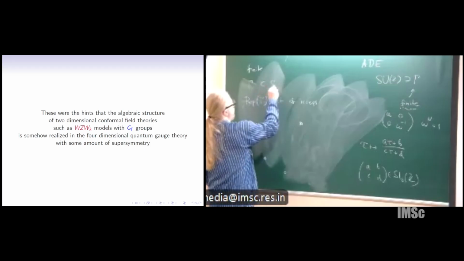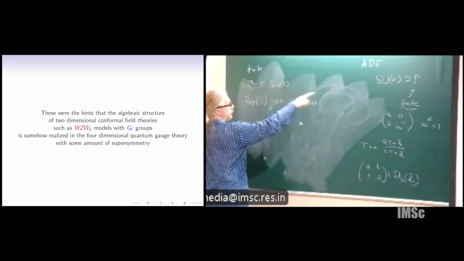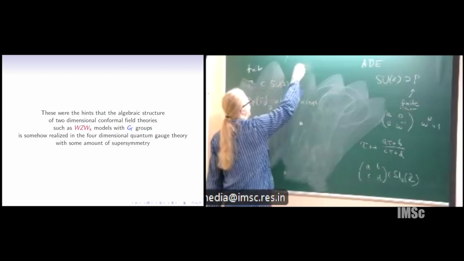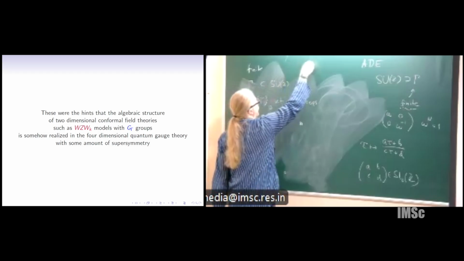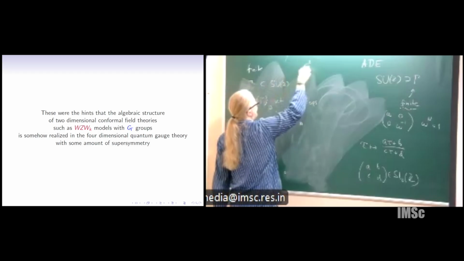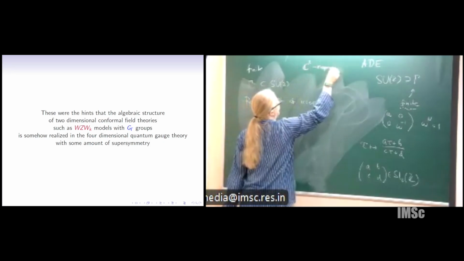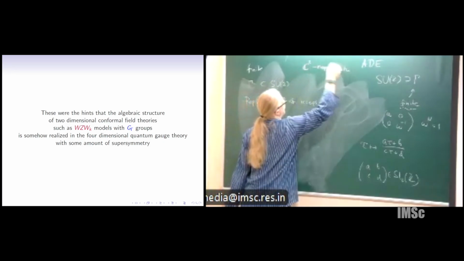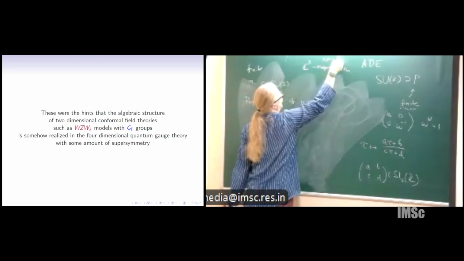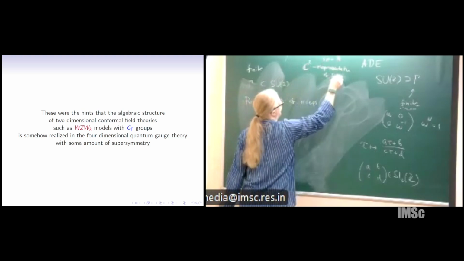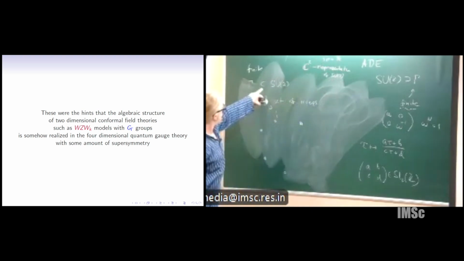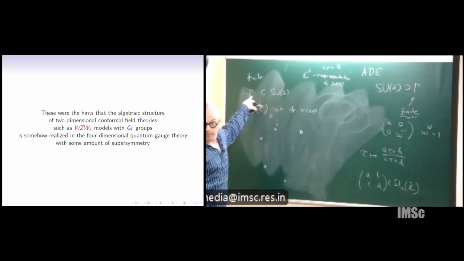Because by definition it's a subgroup of SU(2), the two-dimensional representation, spin 1/2, is also a representation of gamma.